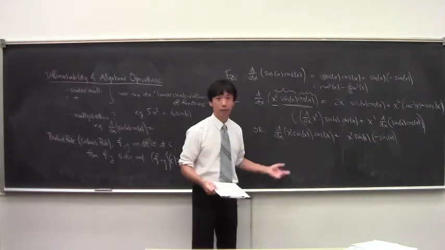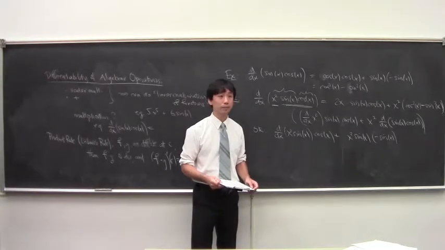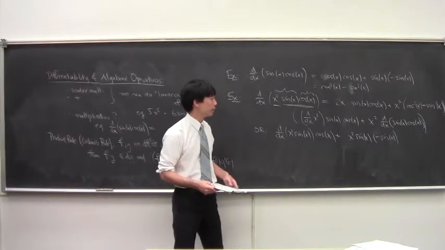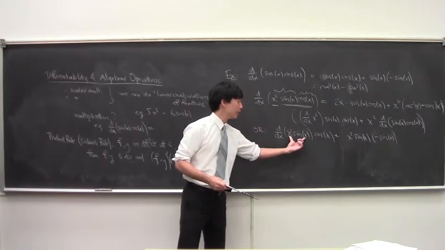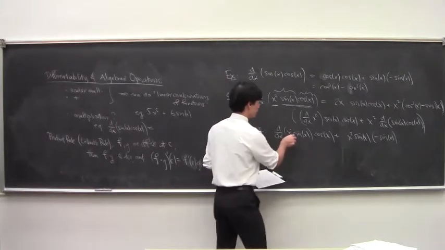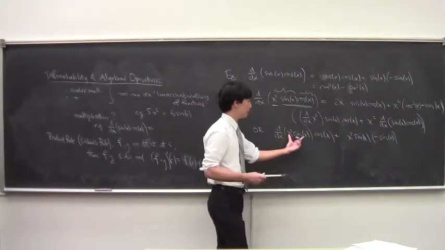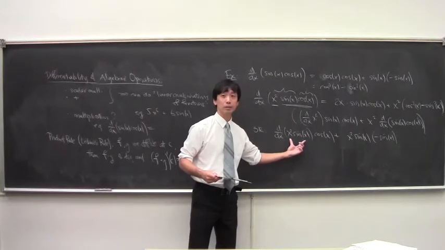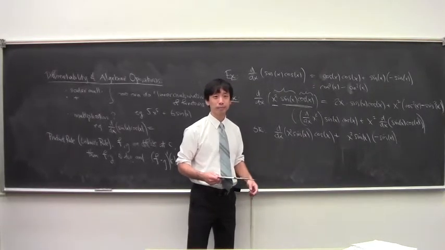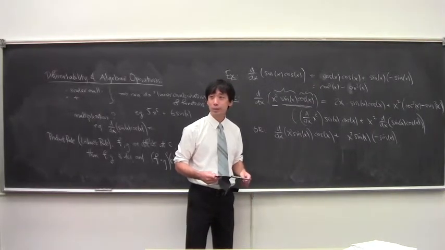And that will end up with the same thing anyway. So there's some choice involved, and we'd have to use the product rule here again. Okay. Any questions? Any questions?